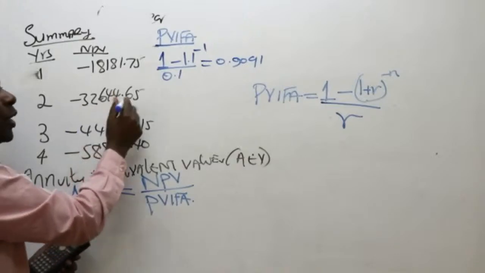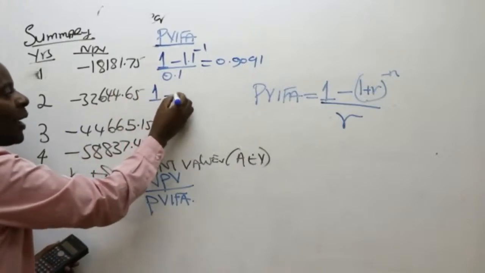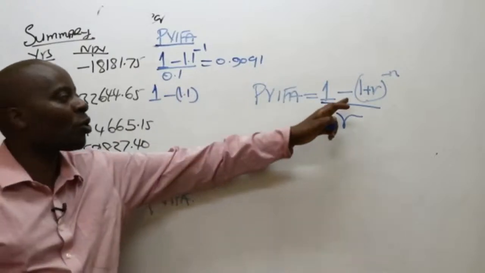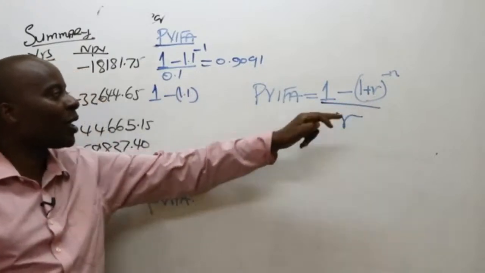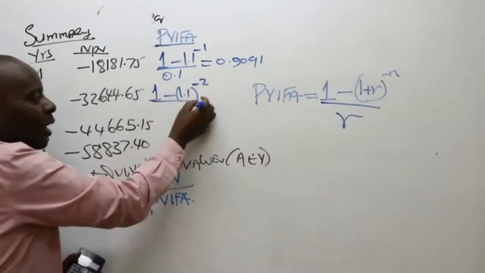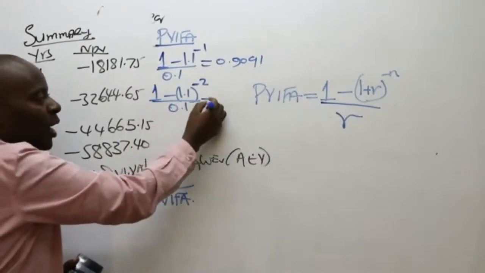How about the second scenario when n is 2? When n is 2, ladies and gentlemen, I'll talk of 1 minus again 1.1. Where am I getting this 1.1 from? Because of r. 1 plus r raised to negative n, so raised to negative 2, divided by our constant r, which is 0.1.